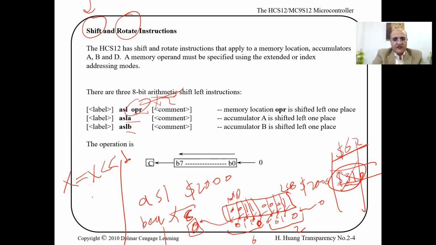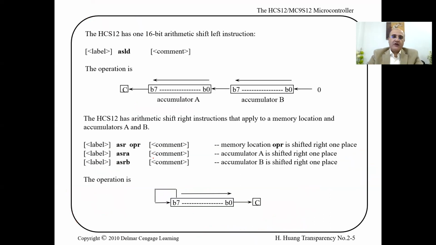So this is equivalent to X equals X times 2, right? Okay. The most significant bit goes to the carry bit, the carry flag. Can we shift 16-bit? Yes, if they are in register D. Same thing.